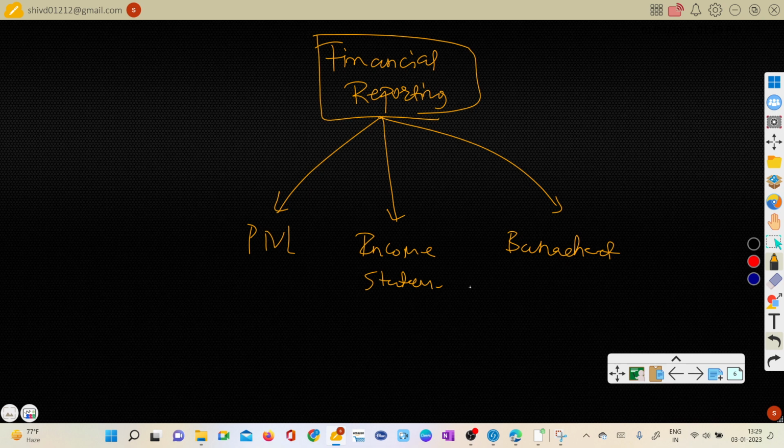Fund flow statement, partners statement.